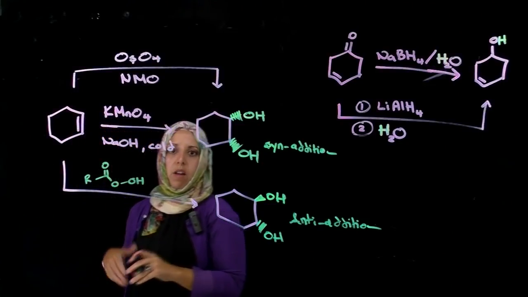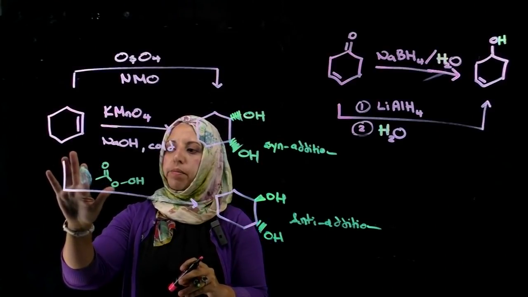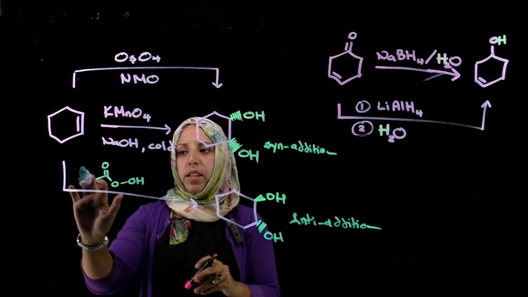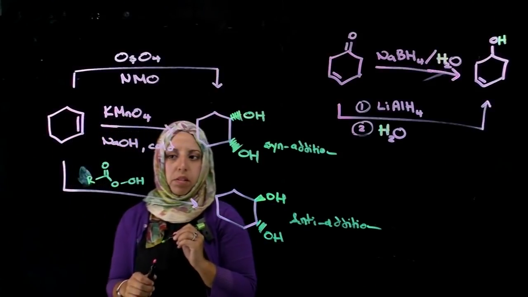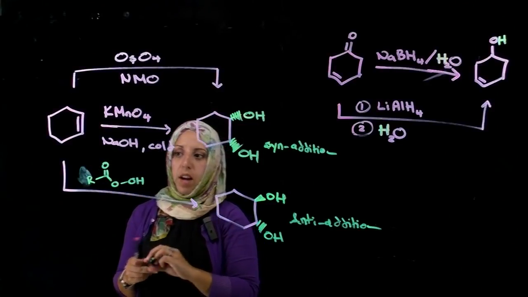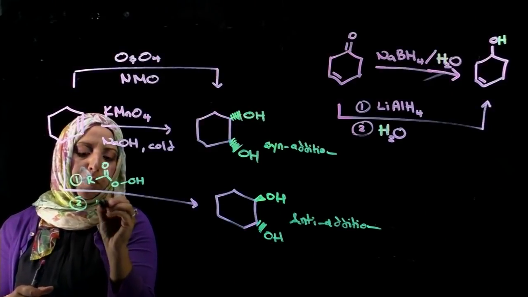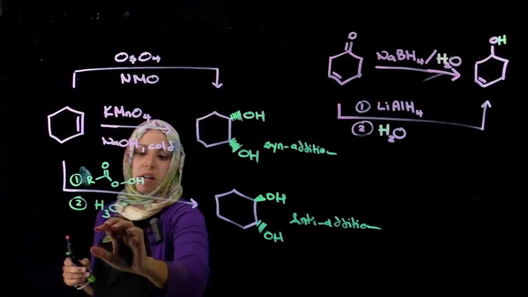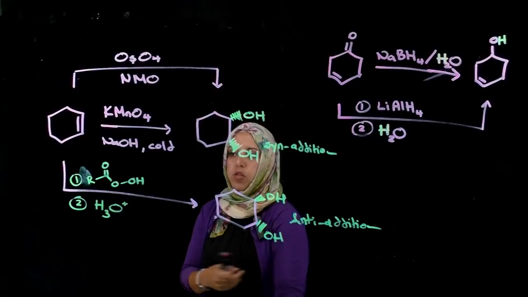That's an example of a peroxy acid. The simplest is peroxyacetic acid, where this is simply a methyl group, but it could really be any R group. And that very first step actually ends up forming an epoxide. So step 1 yields an epoxide, and step 2 is typically an acid, and the acid will protonate the epoxide, open up the epoxide, and then we get an anti-dihydroxylation.